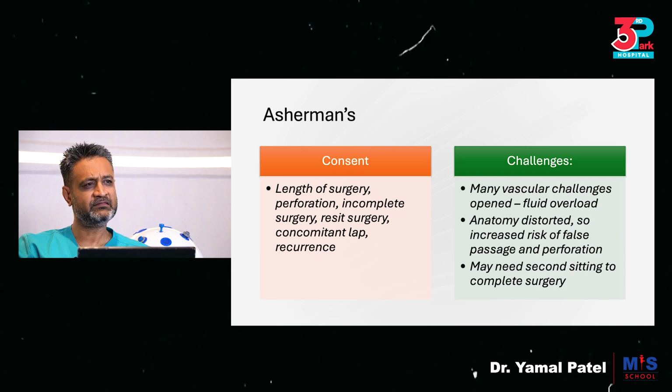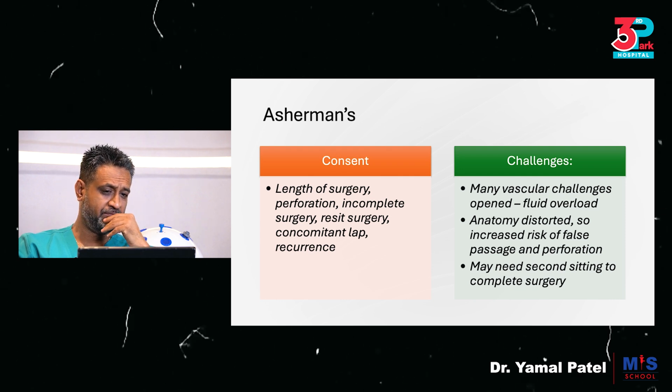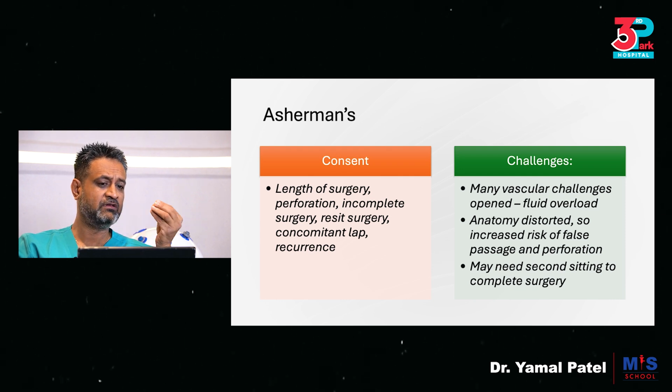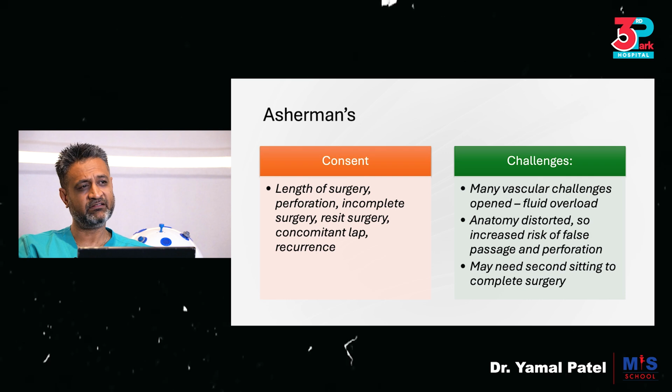What are the challenges of an Asherman's procedure? Number one, while you're doing it, it's likely to open up vascular channels, and with this, there is a risk of fluid overload.